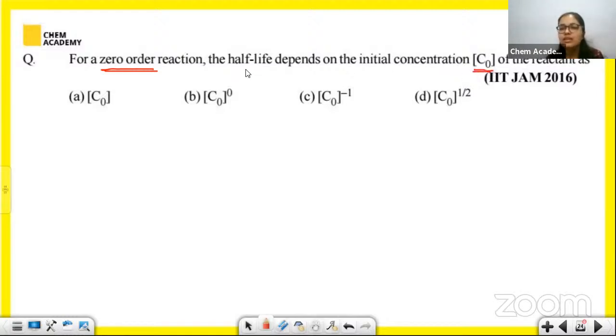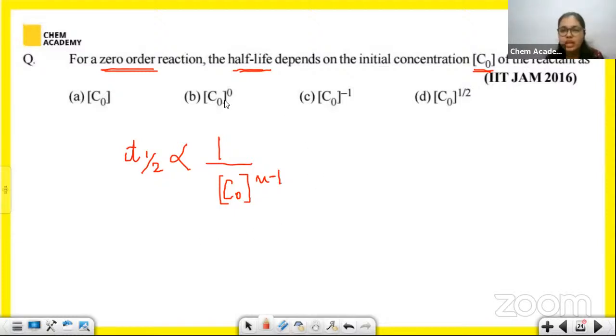How does it depend on C0? So as I told you earlier also in one of the questions that T half, that half-life is inversely proportional to initial concentration raised to the power n minus 1.